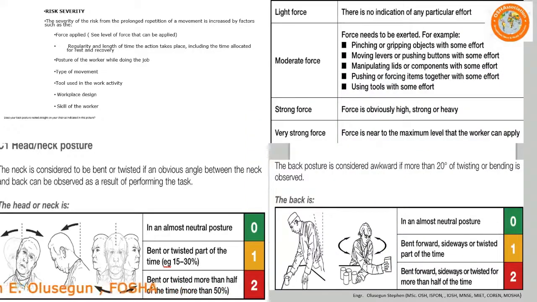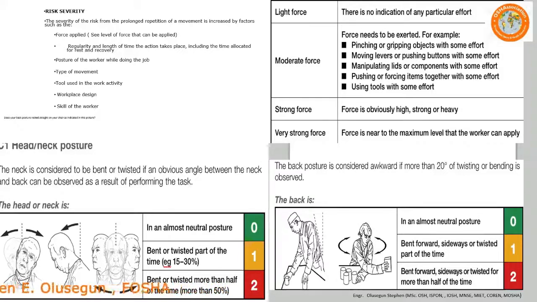I'll be looking at this area to let us see that even when you are lifting ordinary things, don't forget we have said that there are forces involved that can affect us. The force you are applying, the regularity and the length of time, the posture of the work you are doing, the type of movement, the tools you are using, the work design and the skills can create problems.